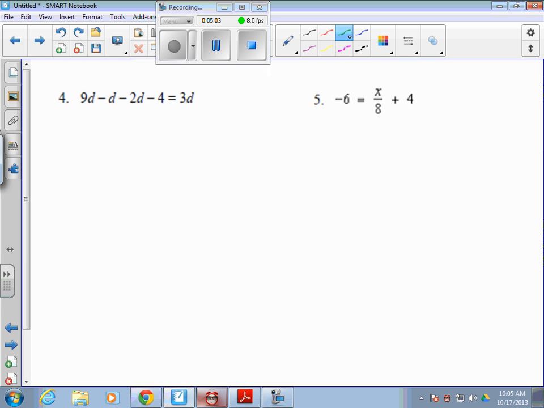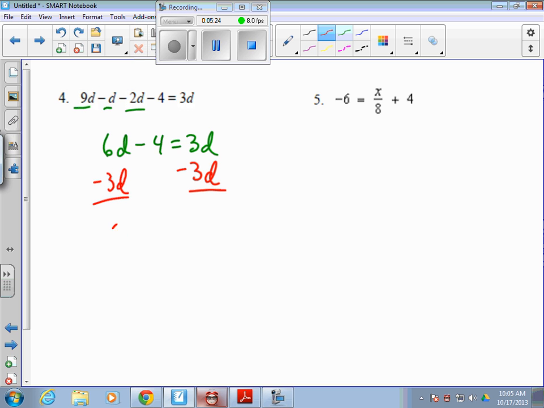Combine all your d's on the left. 9d minus d is 8d. Minus 2d is 6d. So you have 6d minus 4 equals 3d. We've been saying move your smaller d's over to the larger side, so let's hold with that. Positive 3d minus 3d. Do the same to this side.